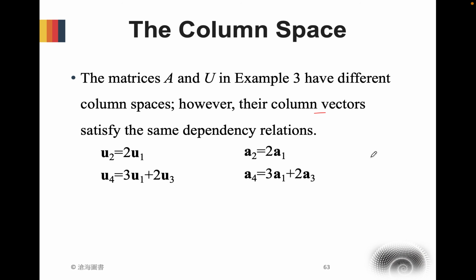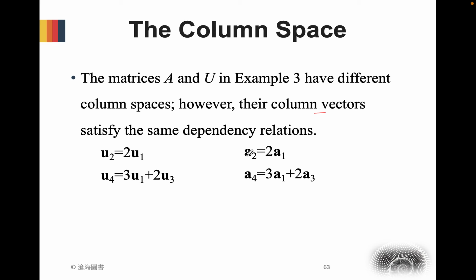However, their column vectors satisfy the same dependency relation. For example, U2 is 2U1, U4 is 3U1 plus 2U3.